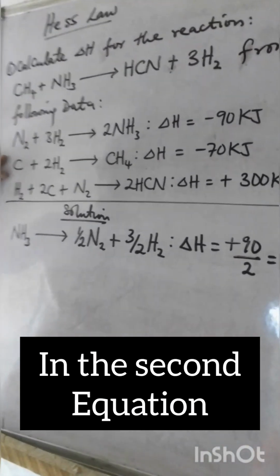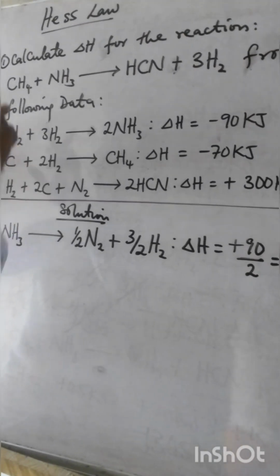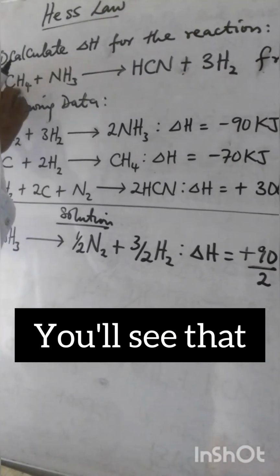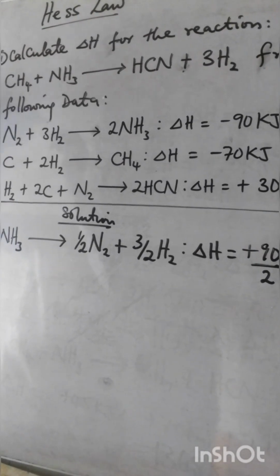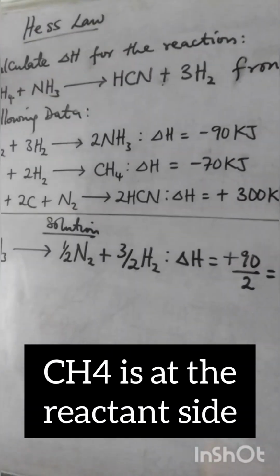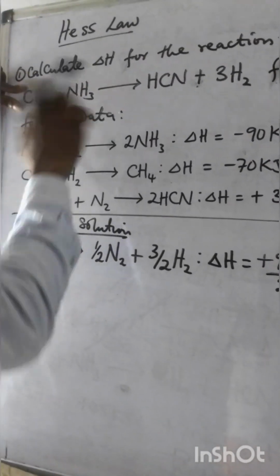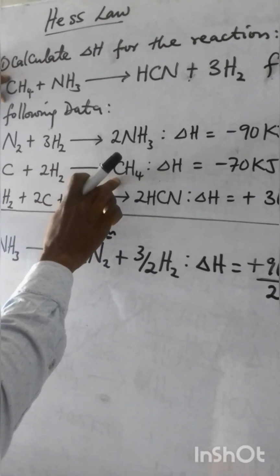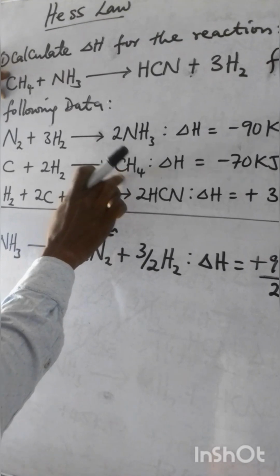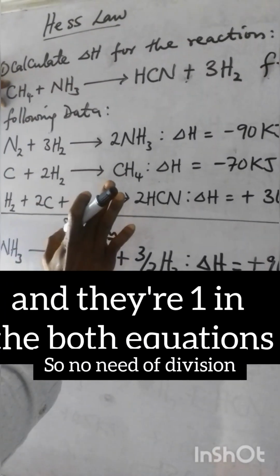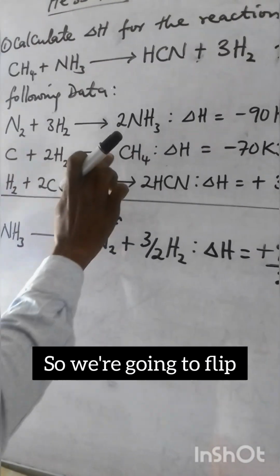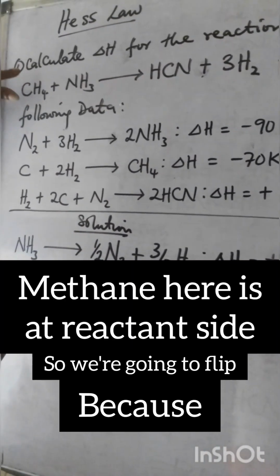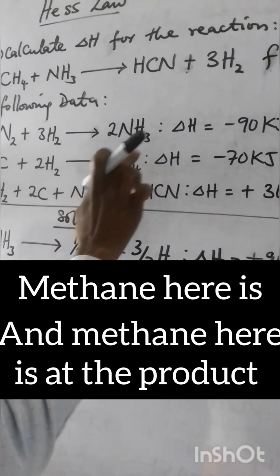In the second equation, you will see that methane is at the reactant side of the overall reaction, but methane is at the product side in the second equation. And they are 1, 1, so no need of division, but we are going to flip because methane here is at the reactant and methane here is at the product.